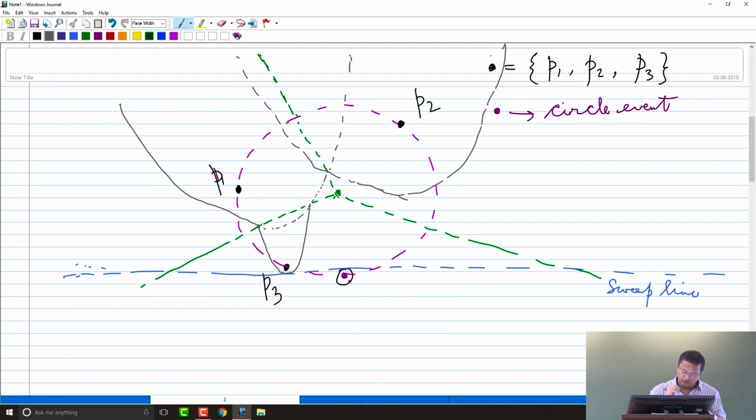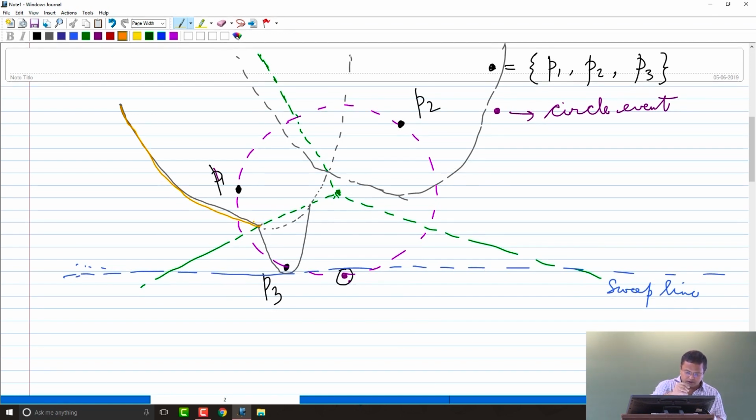So, now look into this fact that the parabola corresponding to the point P1 is this.